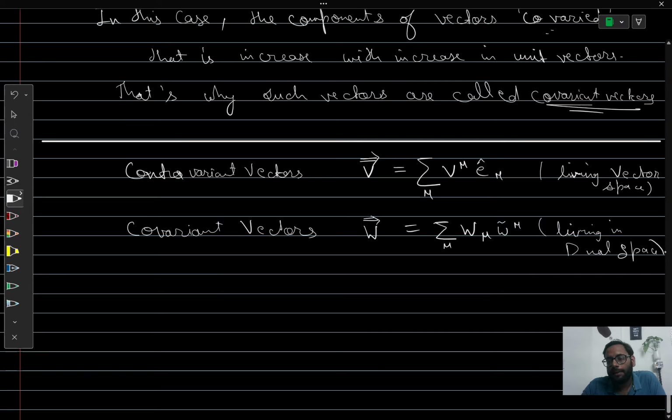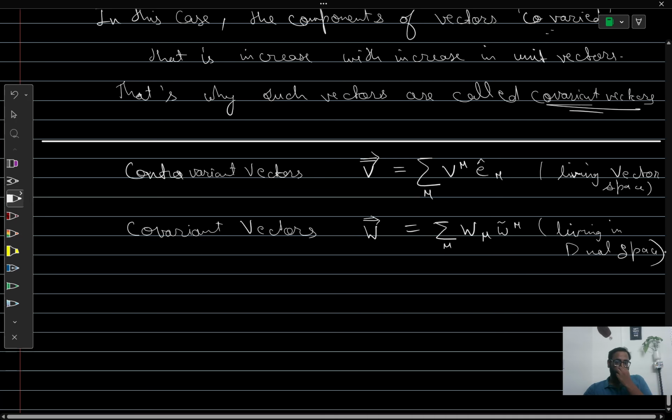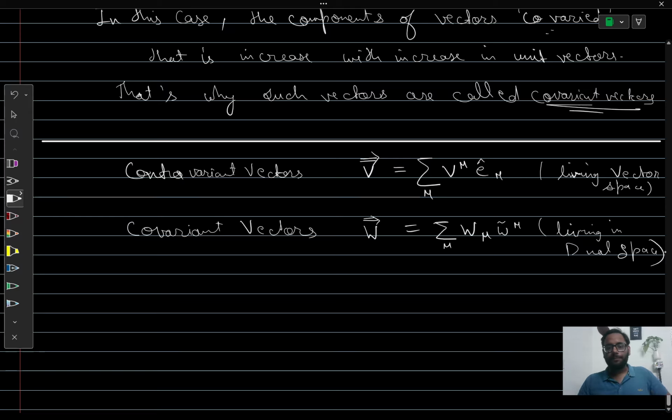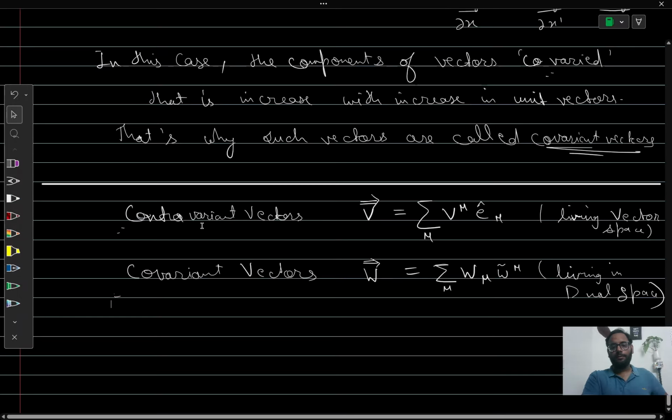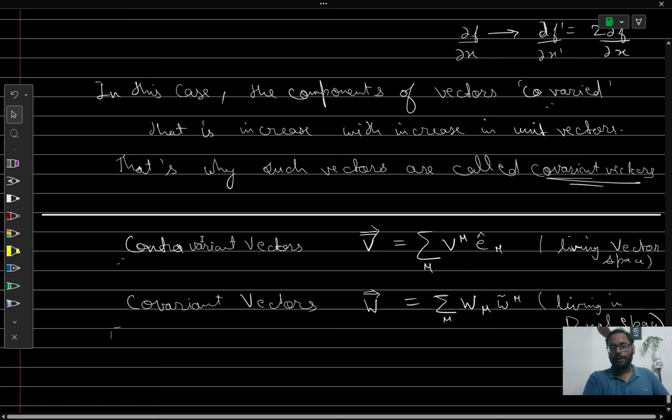Okay, but yeah, you just understood that they vary. Contravariant vectors vary opposite to unit vectors, while covariant vectors vary similar to their unit vectors.